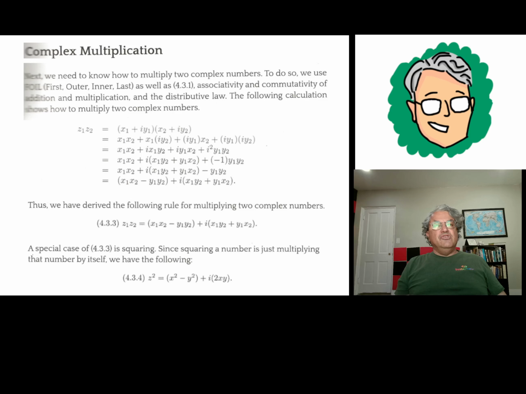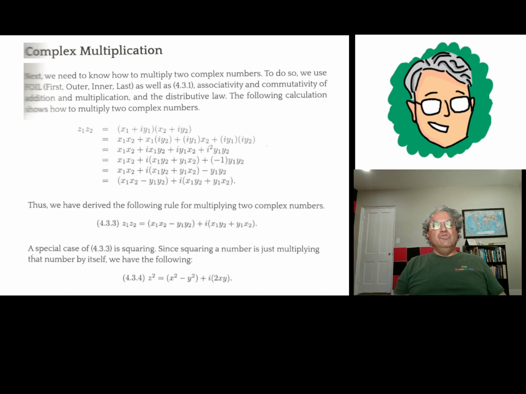But then the fourth term, notice we have two copies of i in this product, i y1 times i y2. Well, we can use the commutative property of multiplication to move the two i's next to each other. So then we would just get i squared times y1 y2. But i squared is equal to minus 1. That's the definition of i. So the last term just turns out to be minus y1 y2.